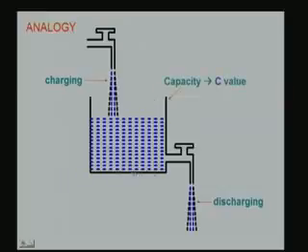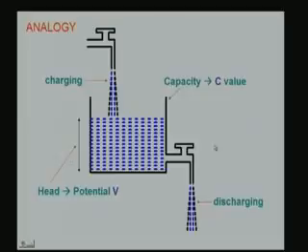The capacity of this drum or bucket is analogous to the capacitance value of the electrical component capacitor, and the height or the head of water that is going to get stored in this bucket is the potential of the energy, and that potential is the voltage in the case of the capacitor.